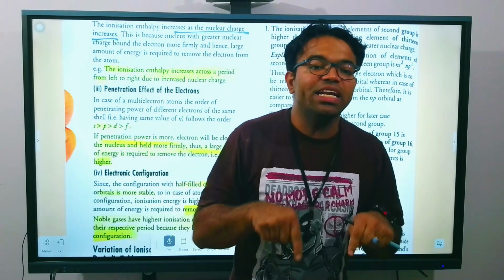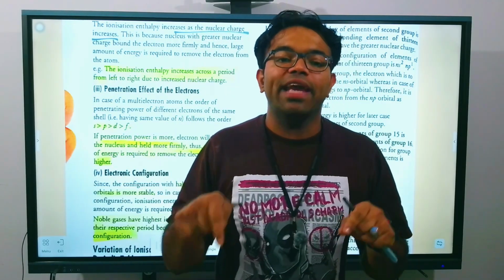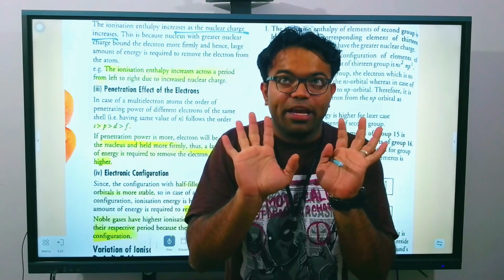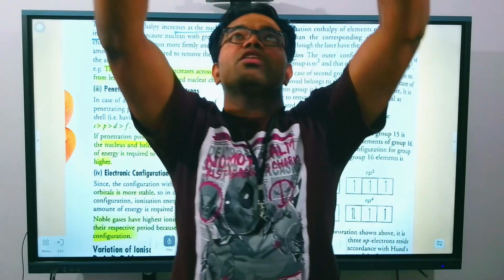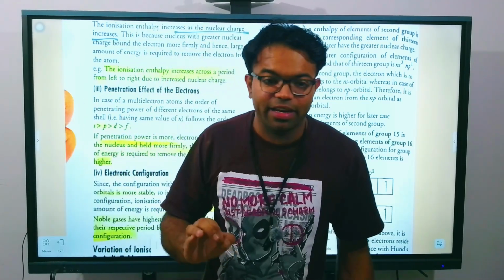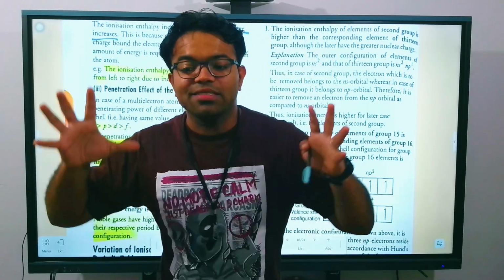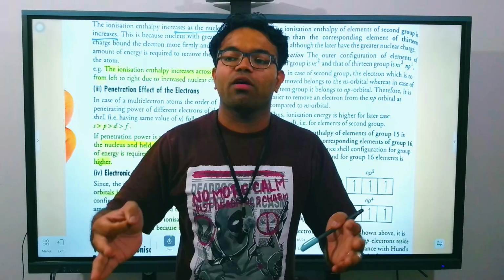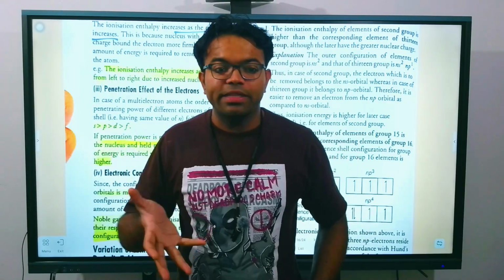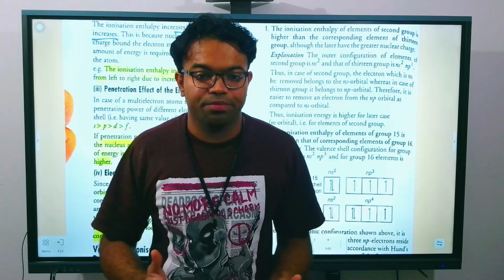We know that shielding effect only works when the electrons present on the inside are repelling the electrons going towards the outside. Since every new electron is getting introduced in the outermost shell, the shielding effect does not work.